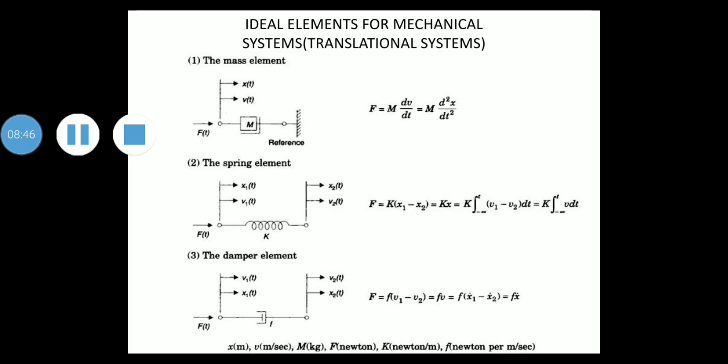So F is given by f times (v1 minus v2), which is equal to fv, which is equal to f times (x1 dot minus x2 dot), which is equal to f x dot. The units are: x is in meters, v is in meters per second, m is in kg, k is in newton per meter, and f is in newton per meter per second.